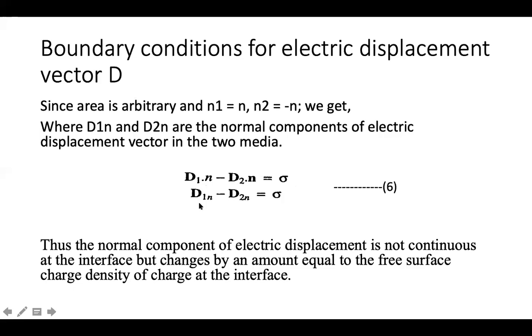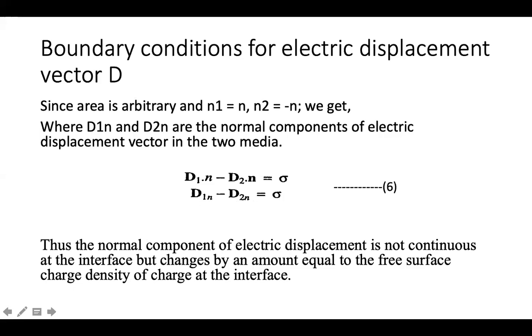So you can see D1n minus D2n is not equal to 0 here. There is a value. If I got 0 here, then I would say it is continuous, with no change in the component of D. But here D1n minus D2n is equal to sigma. So there is a value.